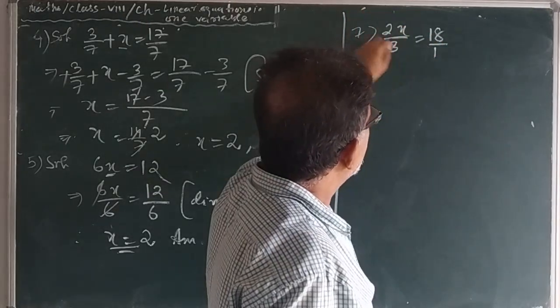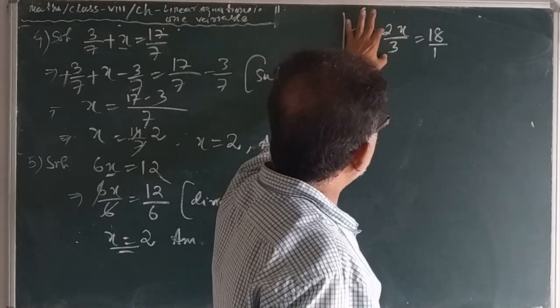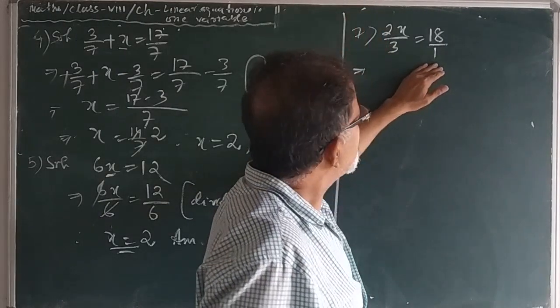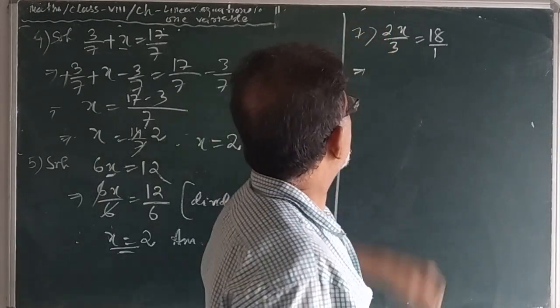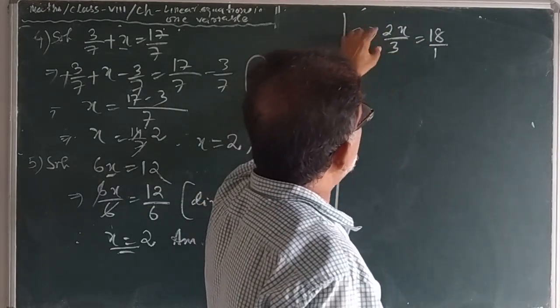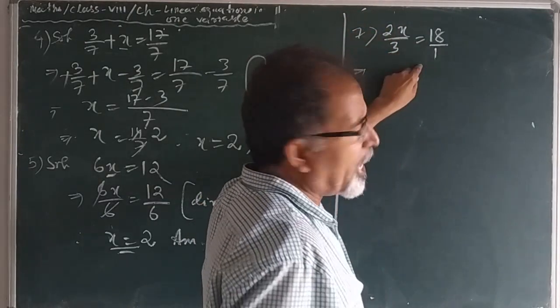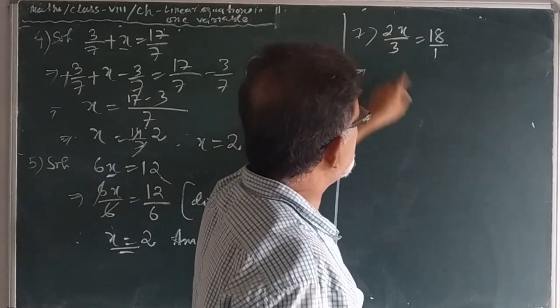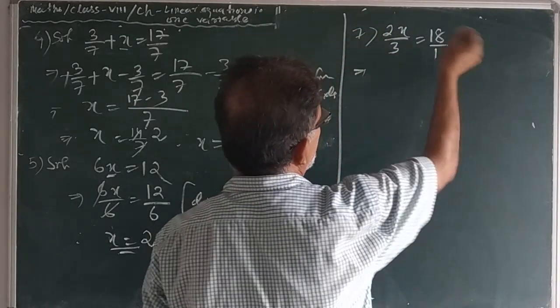That's why here we will divide both sides by 2 by 3. Otherwise here we can multiply both sides by 3 to remove this 3.